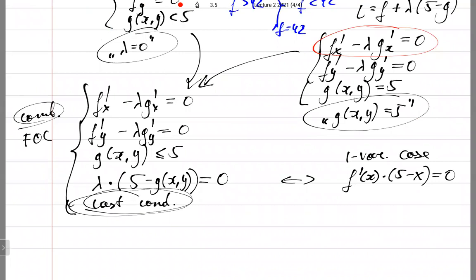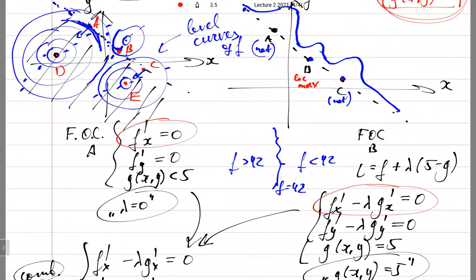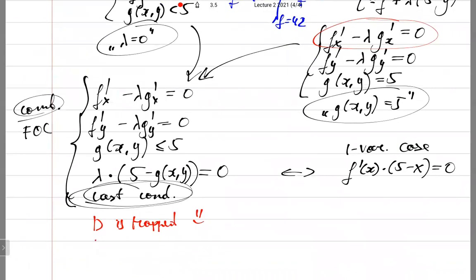Okay, D is trapped. Why is E trapped? E is trapped because lambda equal to 0 is allowed. So we just put lambda equal to 0 and everything is fine.